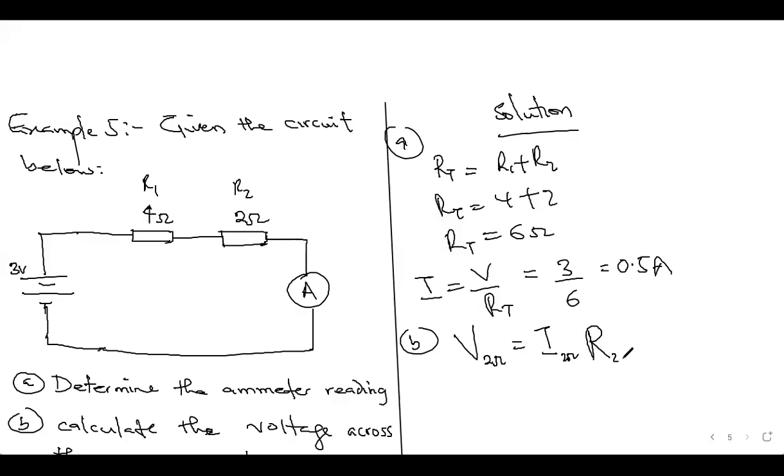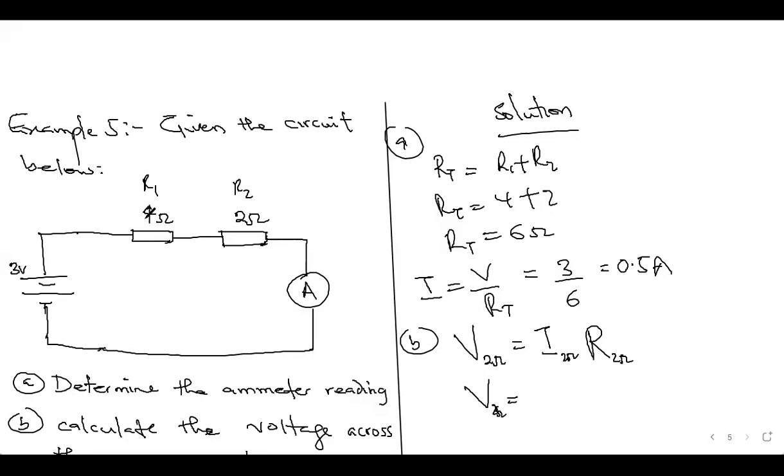So the voltage across the 2 ohm resistor will be equal to the current that flows through the 2 ohm resistor multiplied by the resistance of that resistor itself. The voltage for the 2 ohm resistor will be the current that flows through it, because this is a series connection. The same current will flow around.